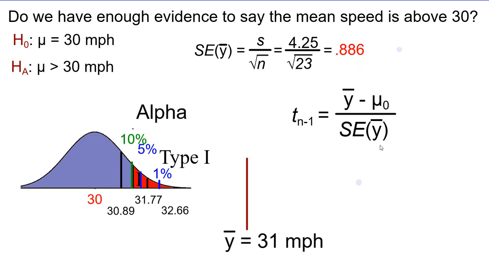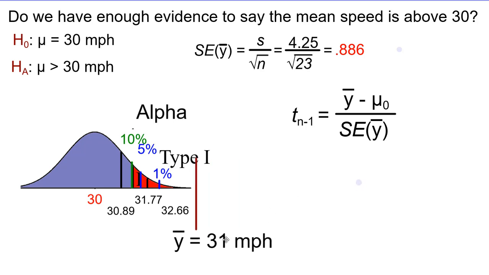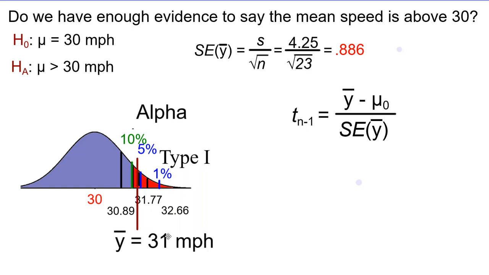And then we can find the t-value, like a z-score, but a t-score, by taking the sample mean minus the hypothesized mean divided by the standard error of our sampling distribution model, which is going to be a little bit over 1 standard deviation above. Yeah, a little bit over 1. So if we see, that's actually going to be right about there, between the two values there. So that would be within that 10% alpha level.